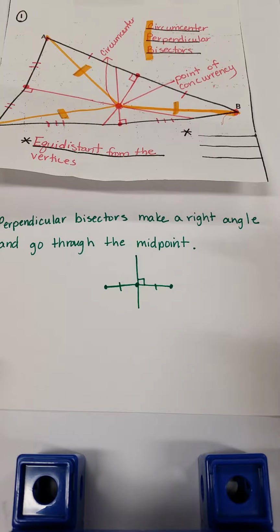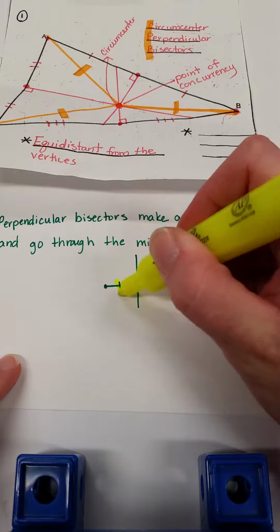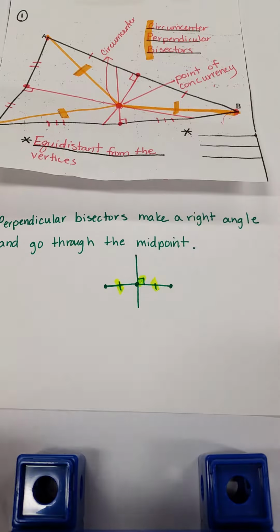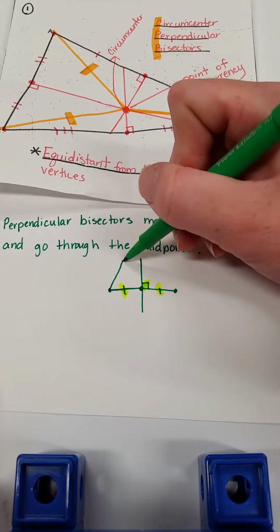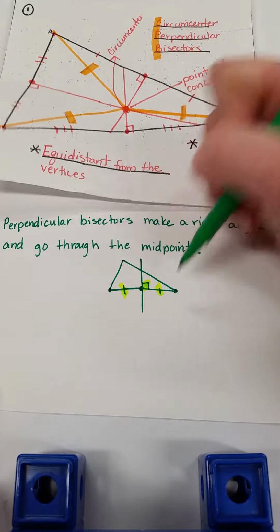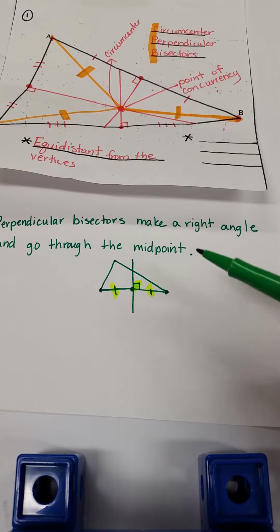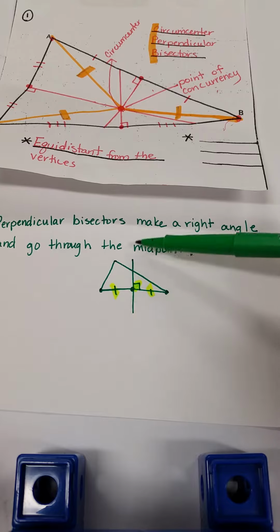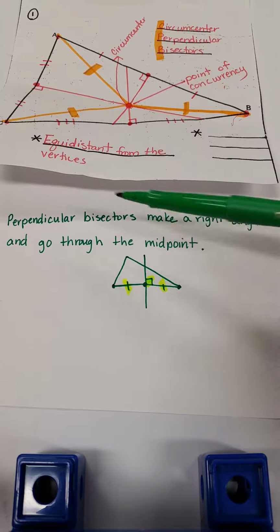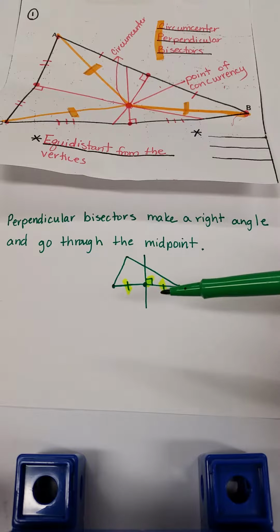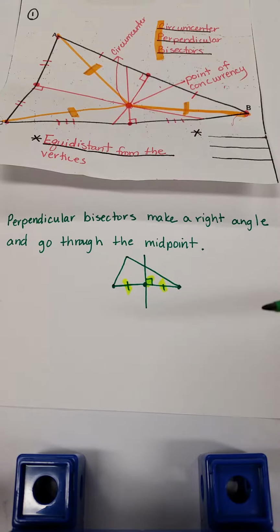Then grab a highlighter and highlight the tick marks and the right angle. If you have a triangle, and I'm just going to make this into a triangle so you guys can see, if you have a triangle that has tick marks and a right angle, then this segment right here is the perpendicular bisector. So you need to know perpendicular bisectors make a right angle and go through the midpoint, and the midpoint will be shown with tick marks.